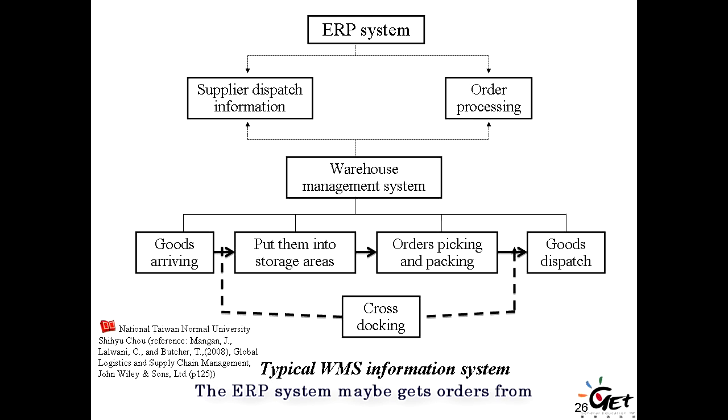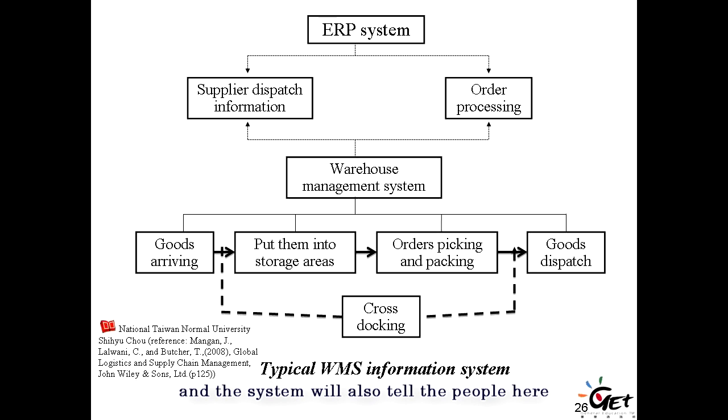Okay. The ERP system may get orders from the customers. Then we can transmit the order information from this system to this system. And this system will generate, say, a picking list and tell people here to pick and pack the items for the orders.